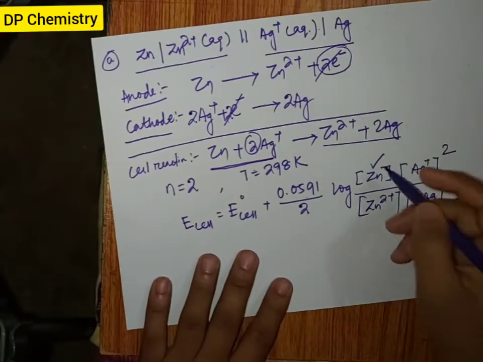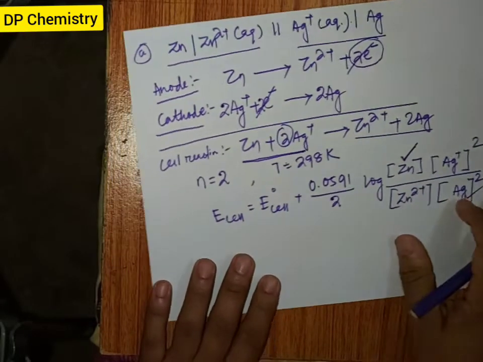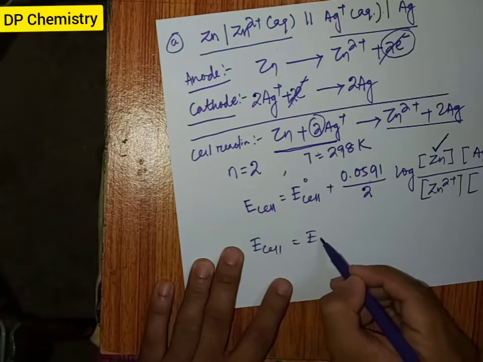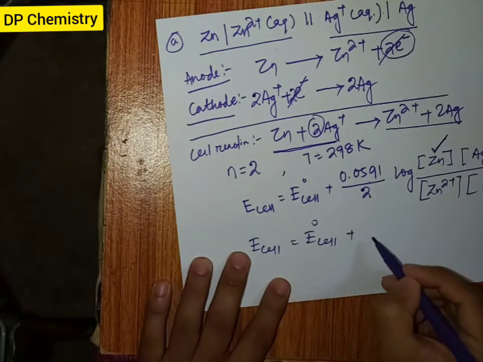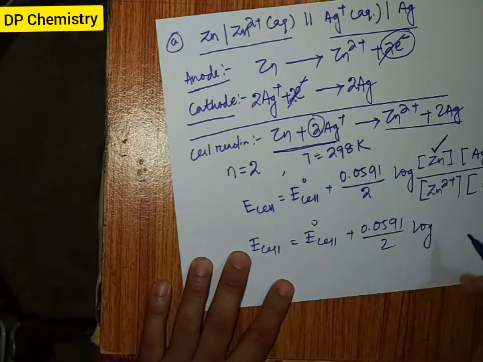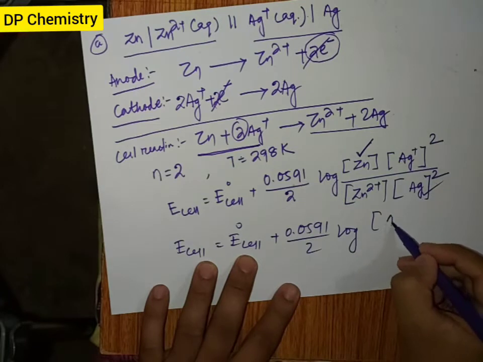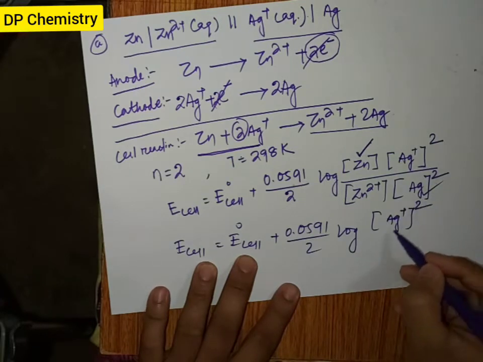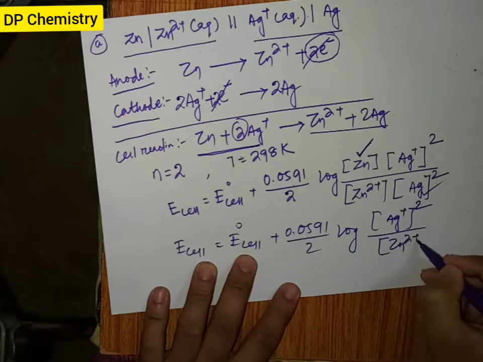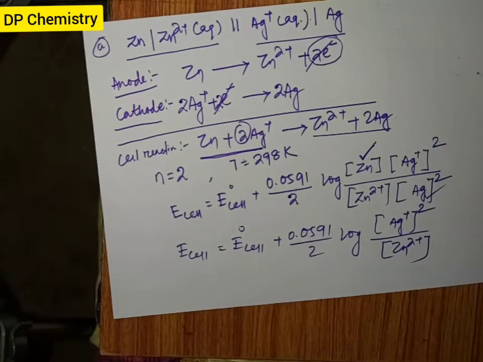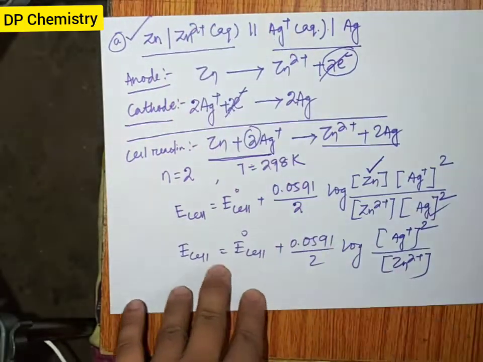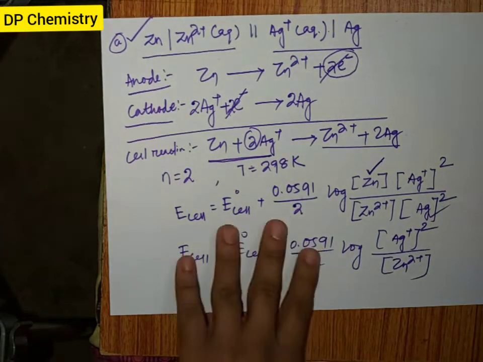So if I put 1 in this case and 1 in this case, then the equation will be reduced to E cell is equal to E cell naught plus 0.0591 by 2 log concentration of Ag+ raised to the power 2 divided by concentration of Zn2+, right? And this will be the Nernst equation for this cell representation, right?